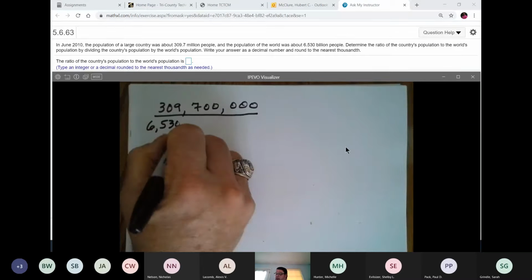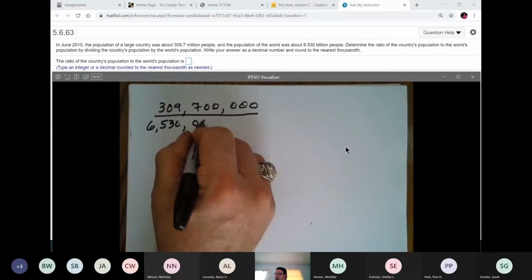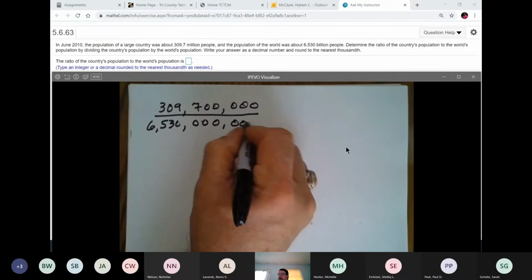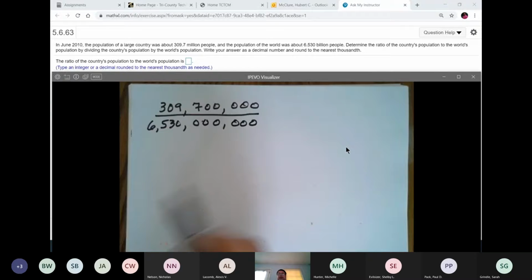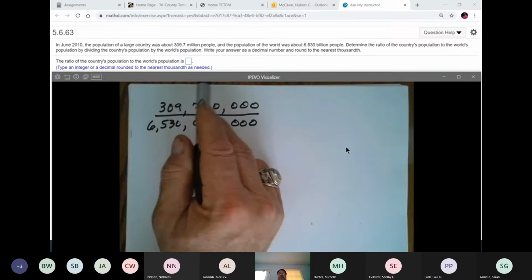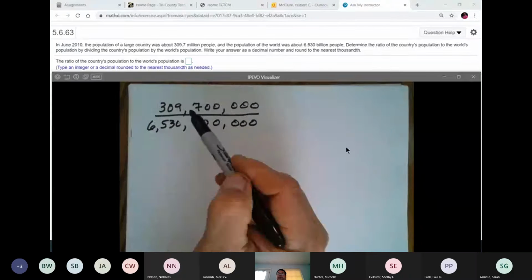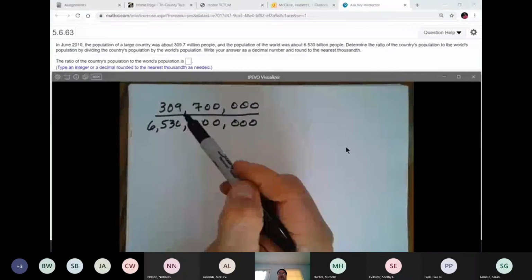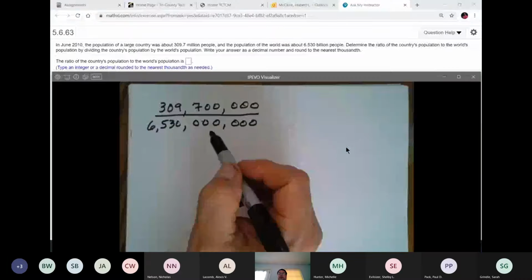Now, a lot of people say, well, Hubert, why are you writing it like that? Because I thought we were in scientific notation. Well, I'm going to turn these into scientific notation. I think it's better to write them out and let you see, because a lot of people get confused with 309.7 and they don't know what that really means. So that's why I do this, kind of kill two birds with one stone.